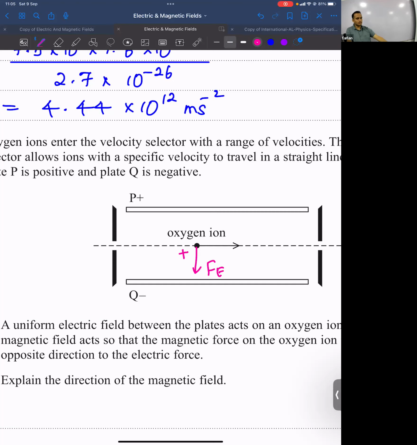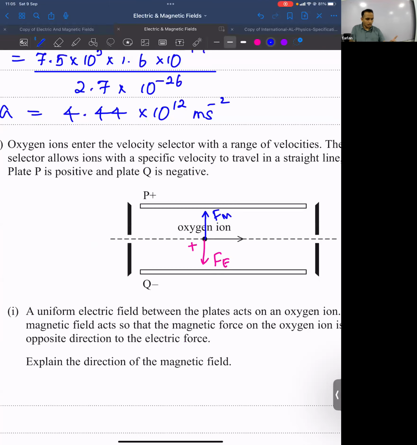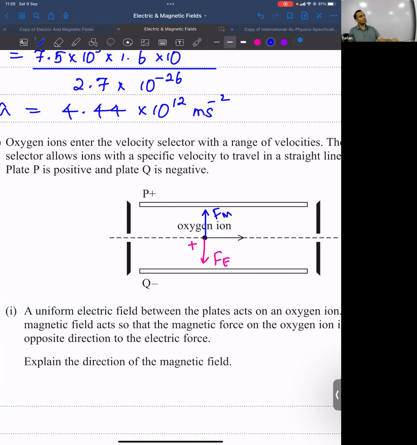Q is the negative plate, P is the positive plate. Am I right? So, force due to the magnetic field has to be upwards. Correct? That's what the question says. Force due to the magnetic field is in the opposite direction to the force due to the electric field. But the question didn't ask which way is the force due to the magnetic field. The question is, explain the direction of the magnetic field.